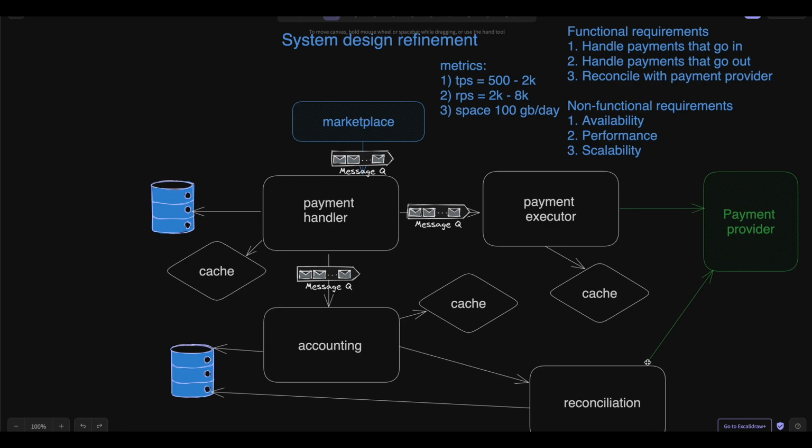Reconcile with payment provider. For this we have the reconciliation service. We don't discuss it in great detail, but generally it will be something like this. We ask for transaction information from our payment provider. It provides us with maybe a file or files in, for example, JSON or whatever. And then we use this file to merge. We remember that for every payment we have tokens that the payment provider gave us.